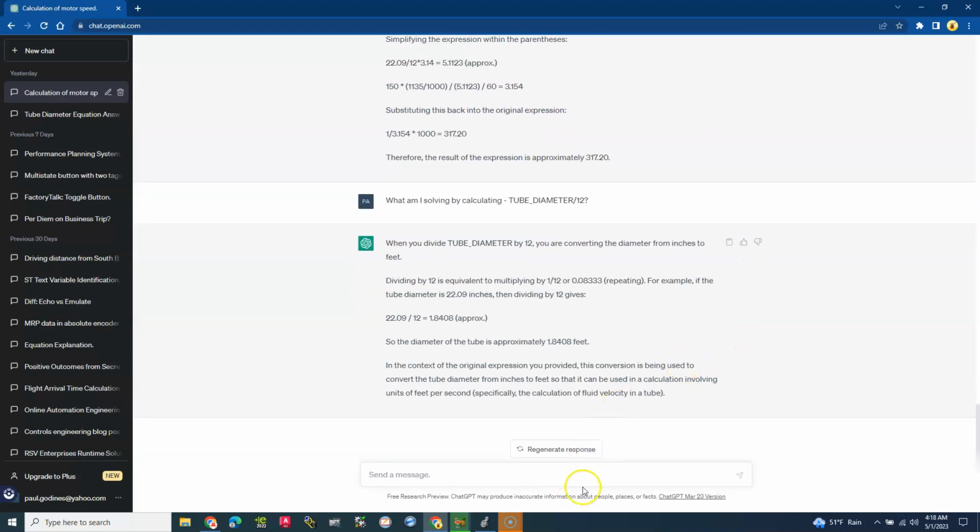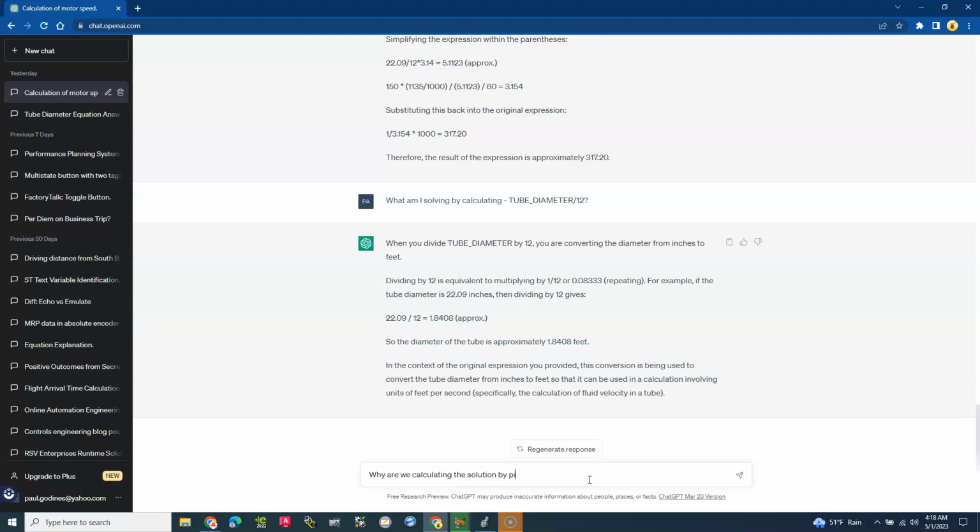Okay, then we say, why are we calculating the solution by pi?